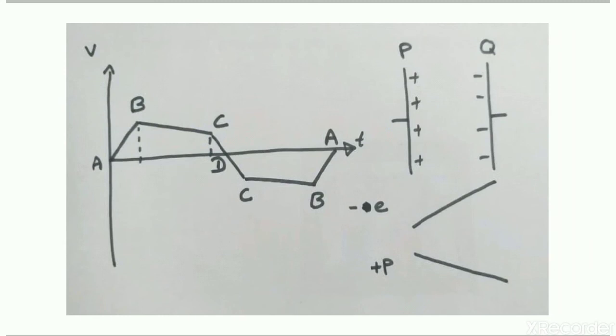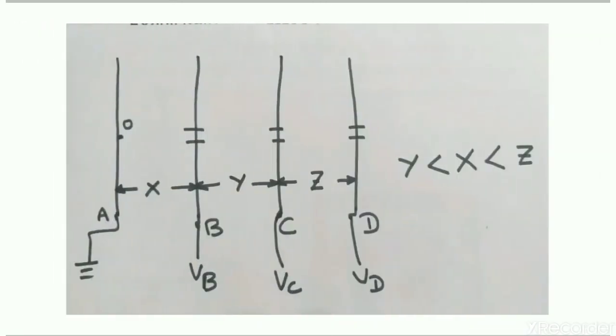The acceleration of the AB plate is in between the magnitudes of those decelerations. That means the voltage difference is in between Y and Z, and on the other hand, the voltage difference in X should be between Y and Z.